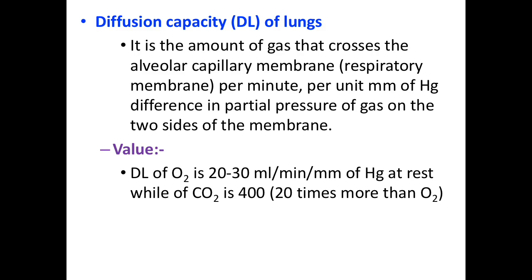If you talk about the value, the diffusion capacity of oxygen is around 20 to 30 milliliter per minute per millimeter of mercury at rest, while that of carbon dioxide is around 400, which is around 20 times more than oxygen. What it means is that carbon dioxide diffuses very fast as compared to oxygen. The reason is carbon dioxide is more soluble as compared to oxygen.